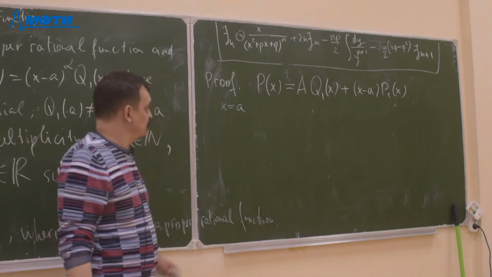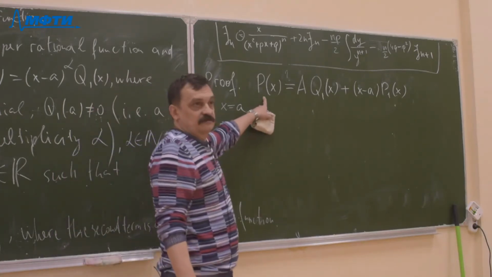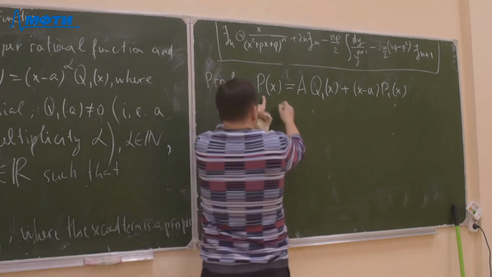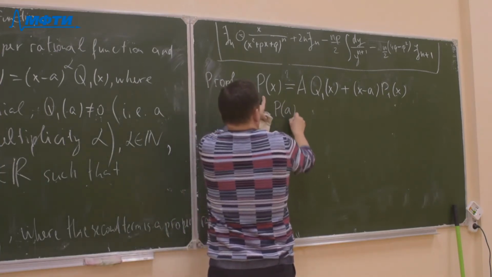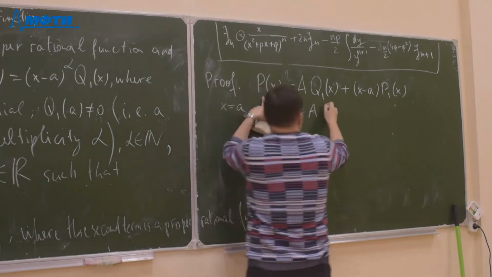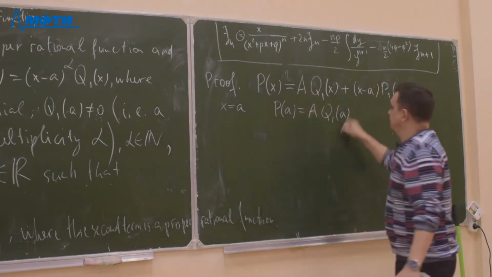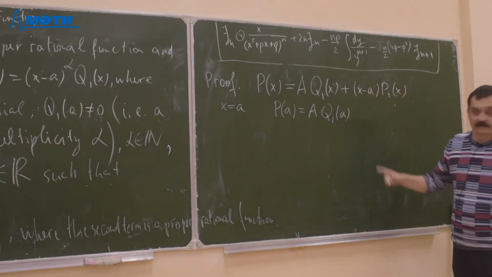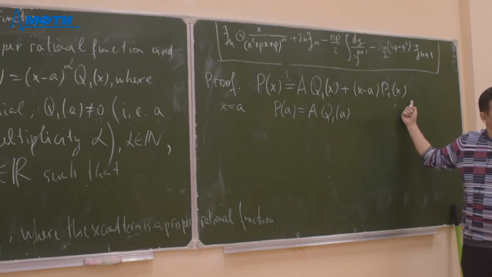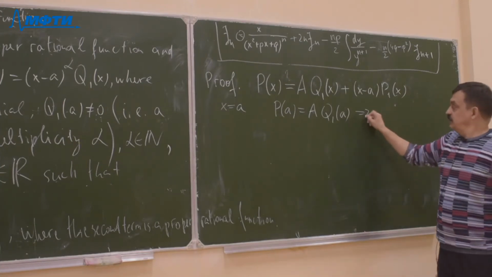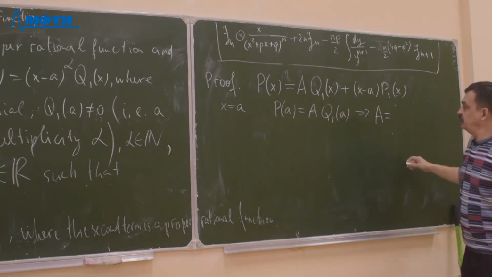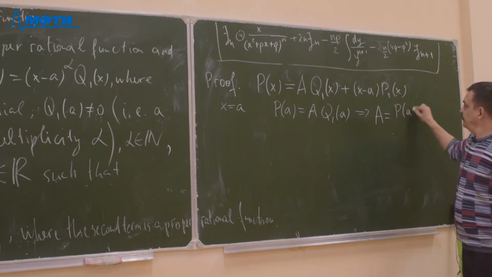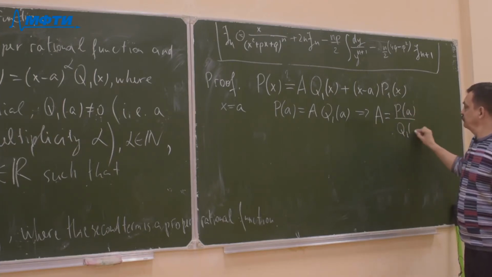If you substitute x equals little a, then what do you obtain? P of little a equals capital A times Q1 of little a, right? It disappears. So it gives capital A equals P of a over Q1 of a.